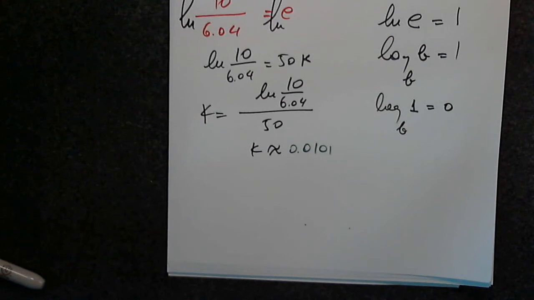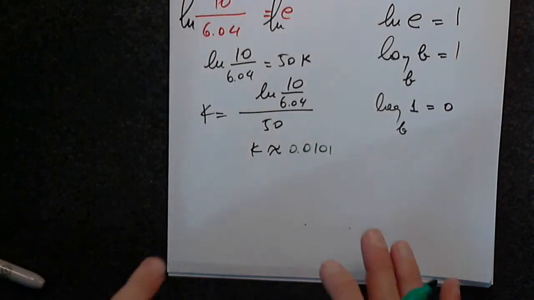Sorry, I didn't put the base. So natural log of 10 divided by 6.04, and then divide by 50. Okay, and now we have 10 minus 6.04 multiplied by e, in parentheses, 50 times the previous answer, close the parenthesis, and now if I don't get 0, something is wrong. So that was the population growth rate.